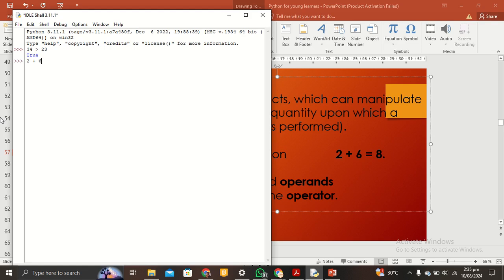Now, what is the operator I used? Addition. Yes, the plus, addition is the operator. Now, 2 and 6 are called operands. I will show that. Write a comment: 2 and 6 are operands.